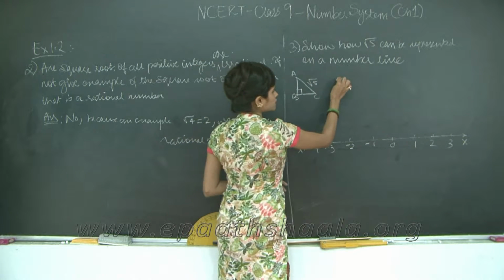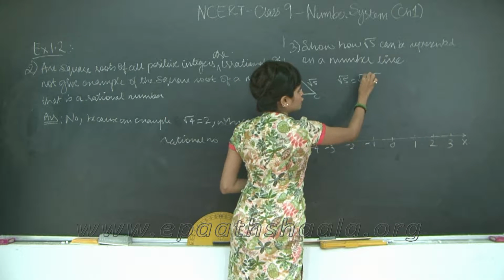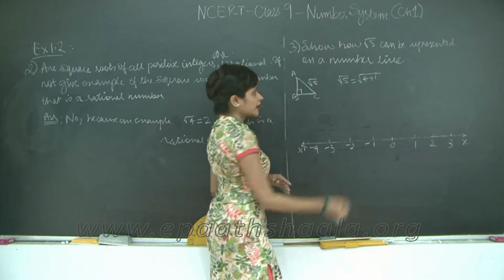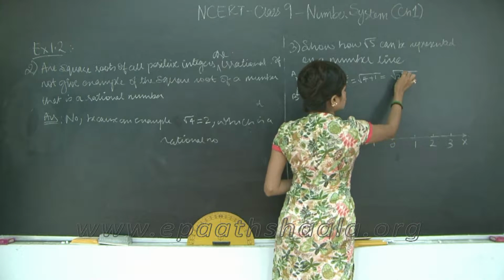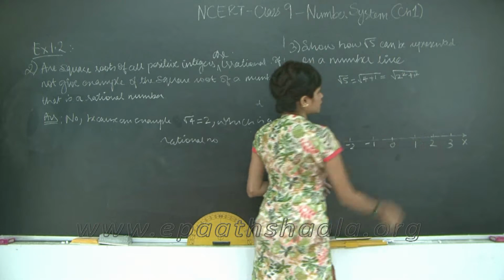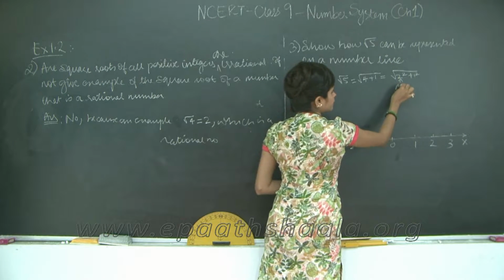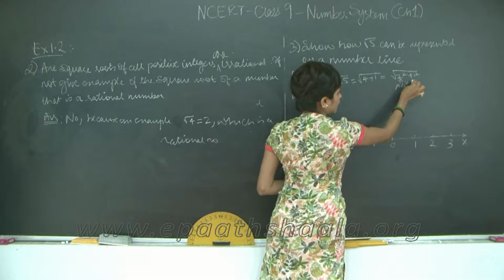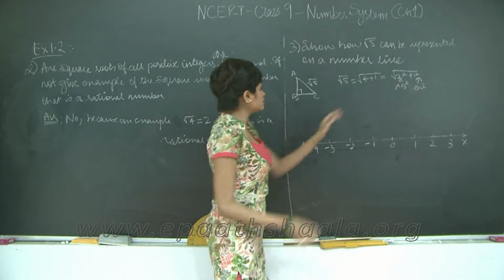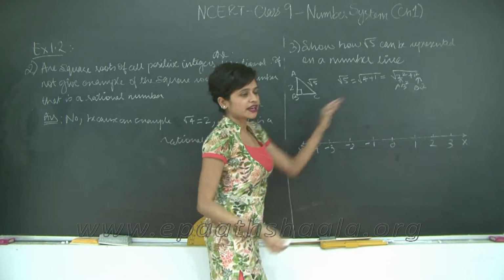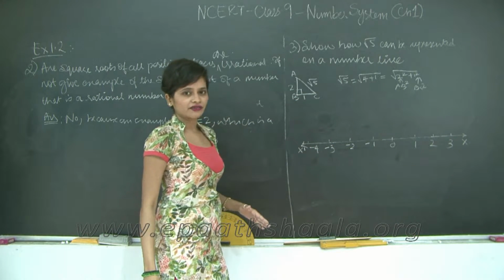Root 5 is nothing but the square root of 4 plus 1, which is the square root of 2 squared plus 1 squared, where one side is AB squared and the other is BC squared. Therefore AB becomes 2 and BC becomes 1. I'm going to use the same strategy to plot root 5 on my number line.